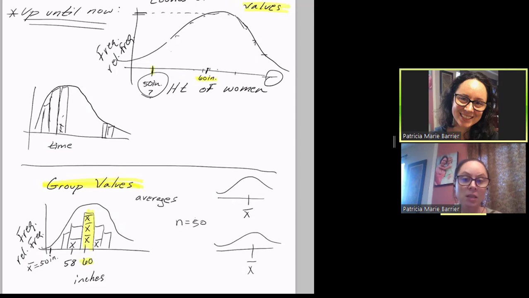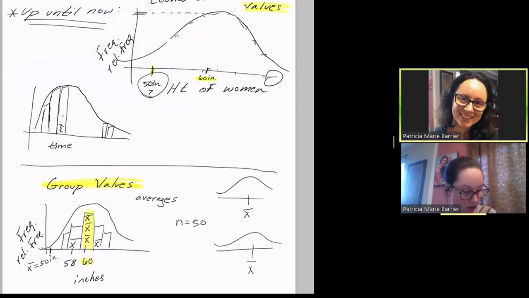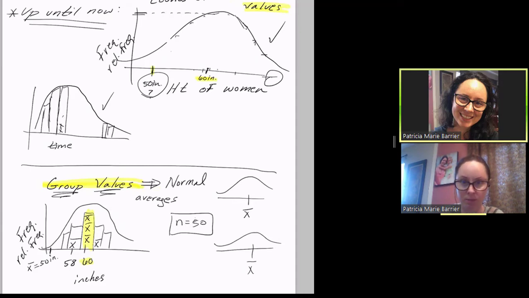And the consistency is such that if our sample size is sufficiently large, no matter what the original shape was, whether it was this right skewed shape or it was originally this bell shape with individuals, whenever my sample is sufficiently large, I will end up with grouped values that become normally distributed when I'm talking about sampling distributions.